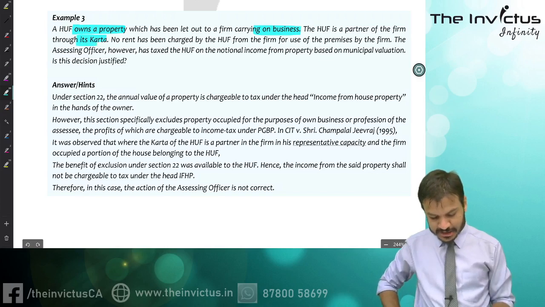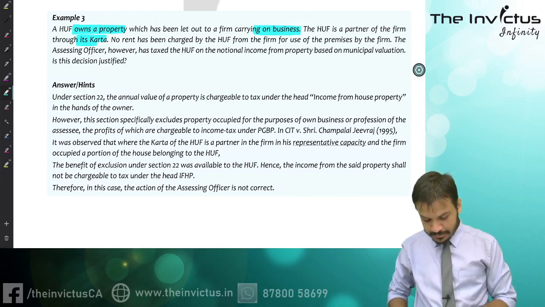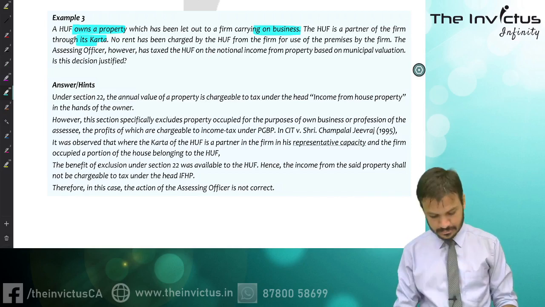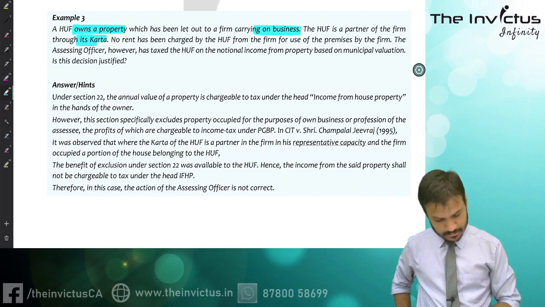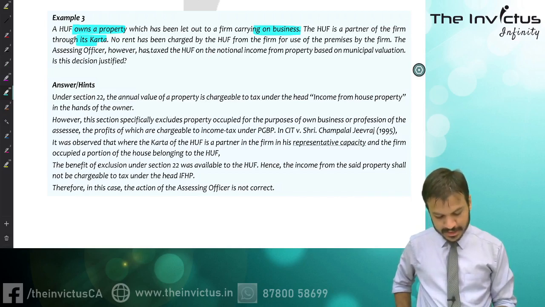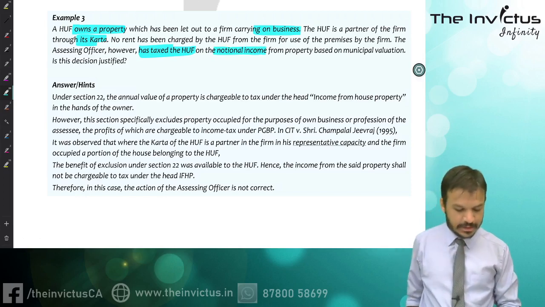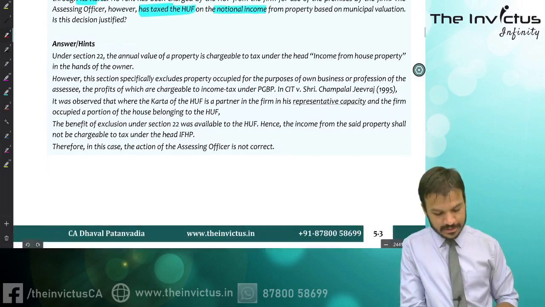No rent has been charged by the HUF from the firm for use of premises by the firm. The AO, however, taxed the HUF on the notional income from property based on municipal valuation. Is this decision justified? First, what happened in this case?